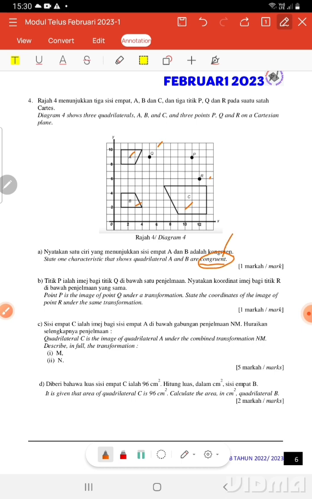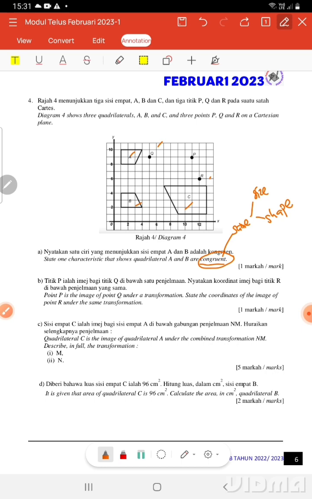Congruent is easy. The keyword is same. Same what? Same 2S. Same size and same shape.